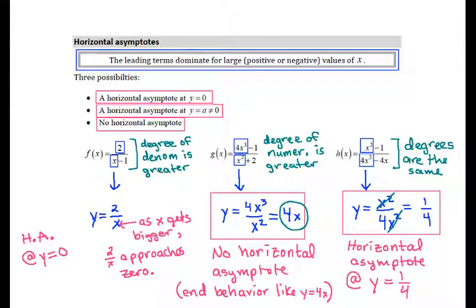We can also think of it in terms of characterizing by the pattern we see in the degrees. In order to find this number 1/4, we really do need to take that ratio. We do need to set this up with the leading terms, see what cancels out, and see what number remains. The other two can really be handled just by classifying it by where the degree is greater, in the numerator or in the denominator.